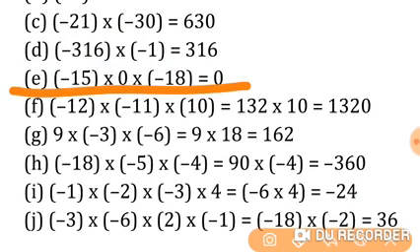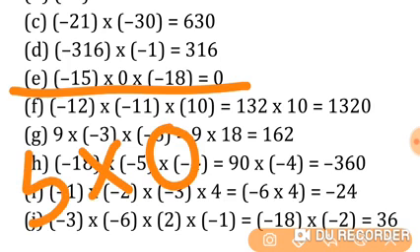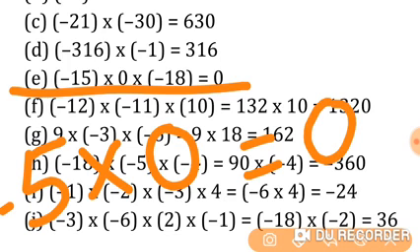See, in this: minus 15 into 0 into minus 18. See, 0 is also an integer. We can multiply or add or subtract if you know the properties. What is the property? If you multiply any integer with 0, it may be 5, 6, 16,000, any number or with any sign, you'll get 0. Keep it in mind.